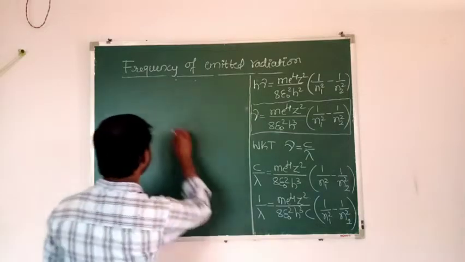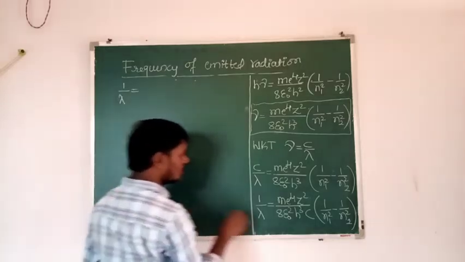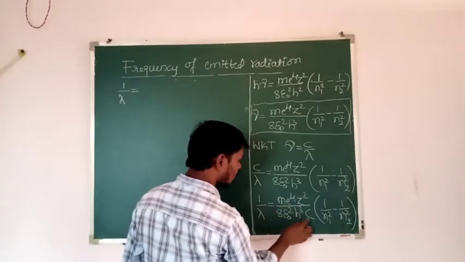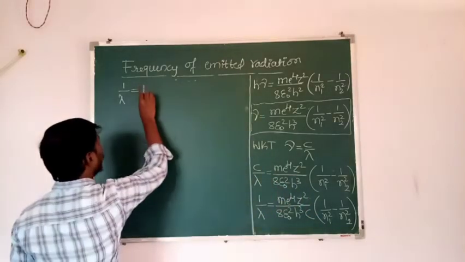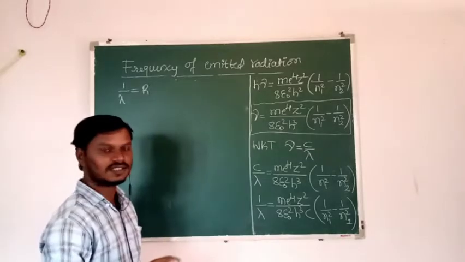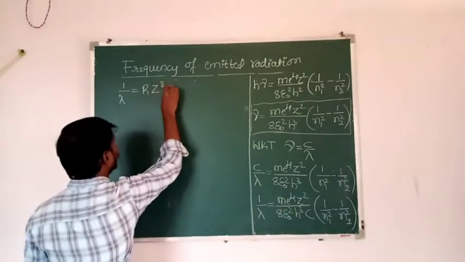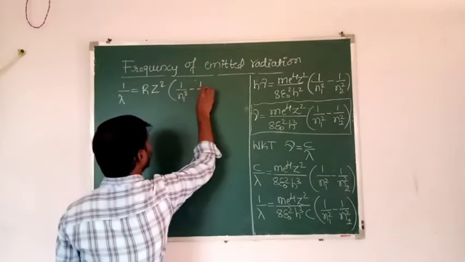So see here, we can write 1 by lambda is equal to m into e raised to 4 divided by 8 epsilon naught square into h cube into c, that is constant. That constant can be taken as R. R is nothing but the Rydberg constant, R into z square, then 1 by n1 square minus 1 by n2 square.